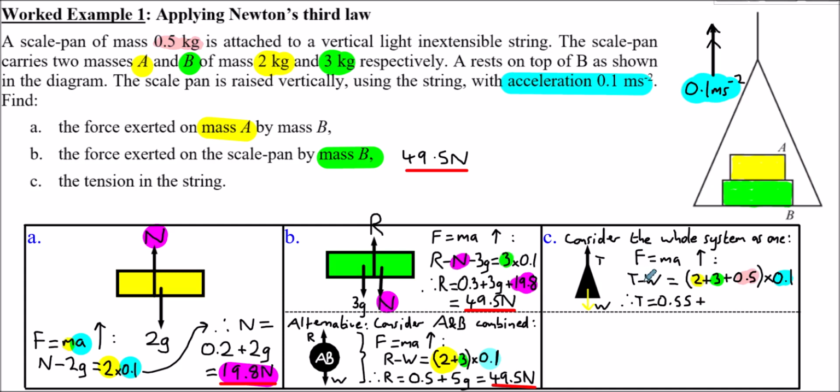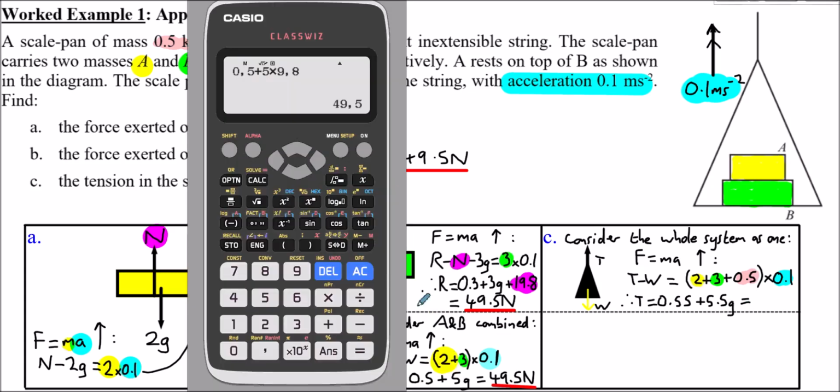And then the weight of everything is going to be the combined mass, which is 5.5, multiplied by G. So if we work this out now, we're going to get 0.55 plus 5.5 multiplied by G, which is 9.8, and that gives us this figure of 54.45. So that final answer we get is 54.45.